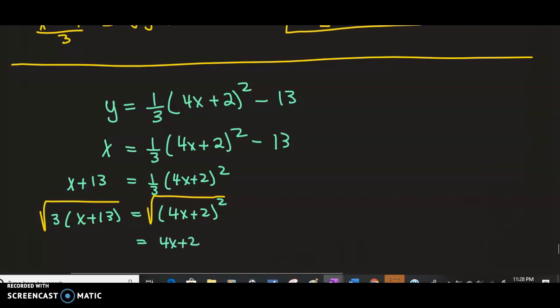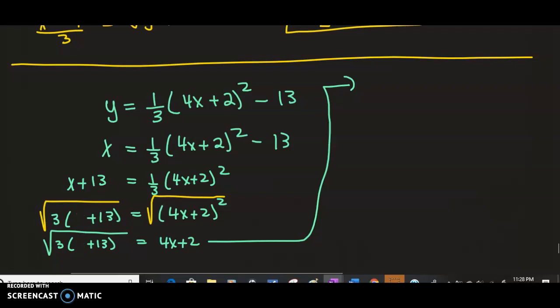Which is 4x plus 2 on that side. Gotta fix, this is a y. Wait, no, it's an x. This is supposed to be a y.